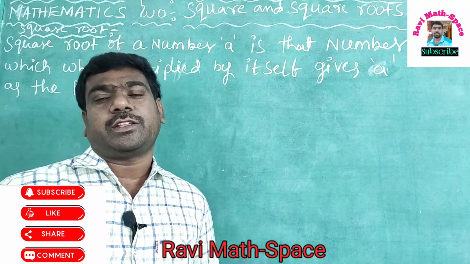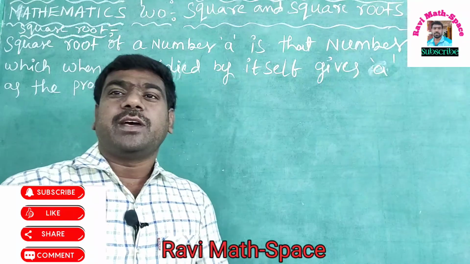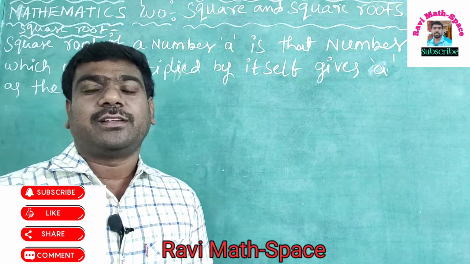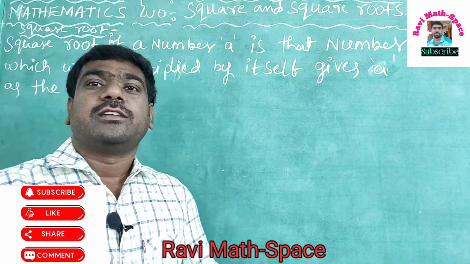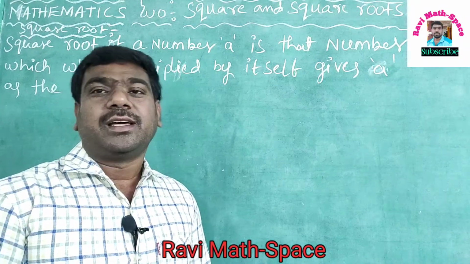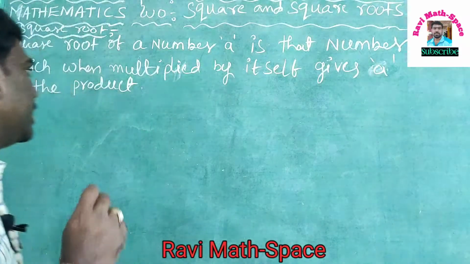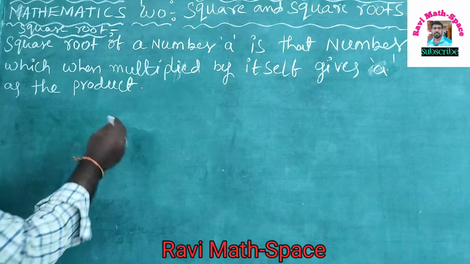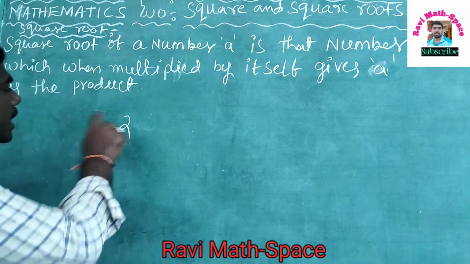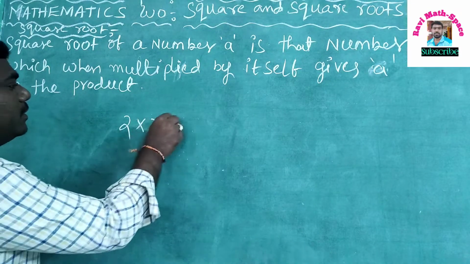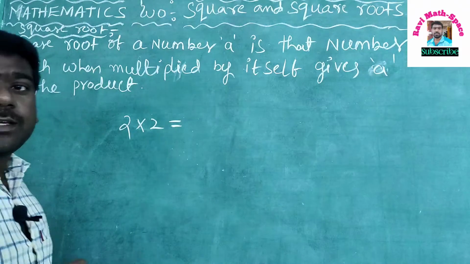Very simple. Square means a number multiplied by itself, then the product obtained is called the square of that number. See here, square means what? If I take one number, 2, multiplied by itself, then we get some answer.